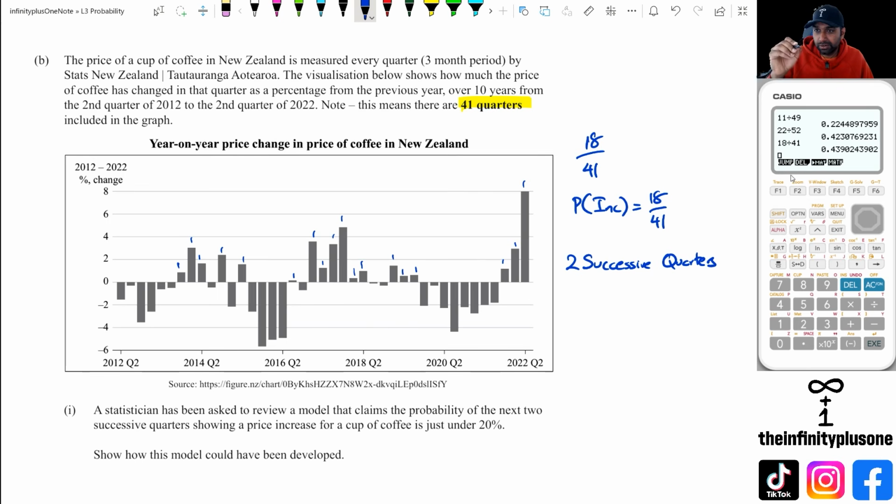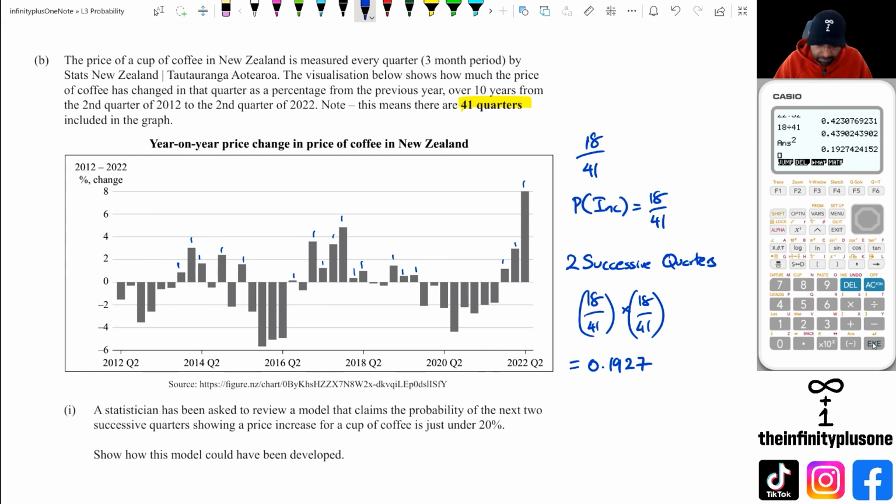You're looking at increase, so we're doing 18 out of 41 multiplied by 18 out of 41. So we square the answer here, and we get 0.1927. The claim is that it's going to be just under 20%.